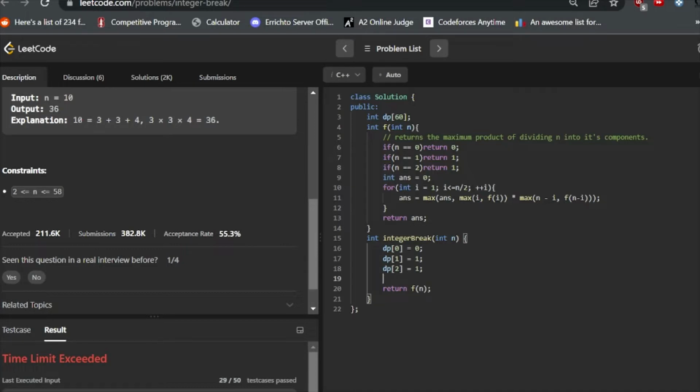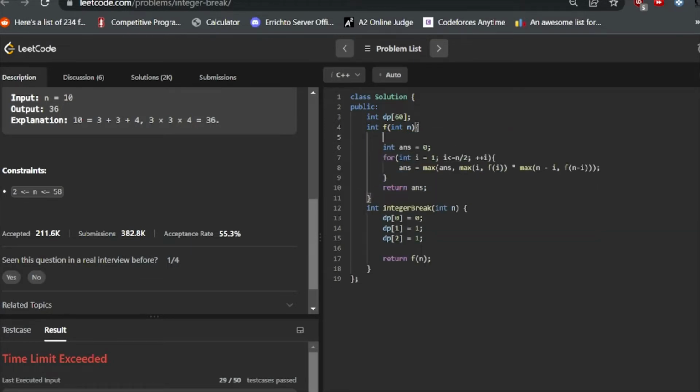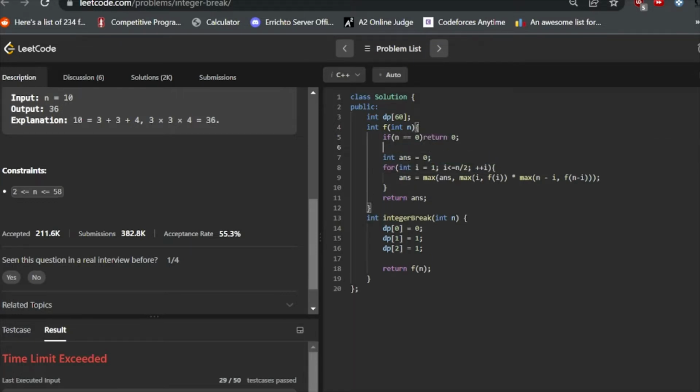Okay, and I'll create a function like this. So let me just make a few changes here. First of all, if n equals 0, return 0, because n will be 0 only if the case is n equals 1, right? Else, if dp of n is not equal to 0, then you return dp of n.